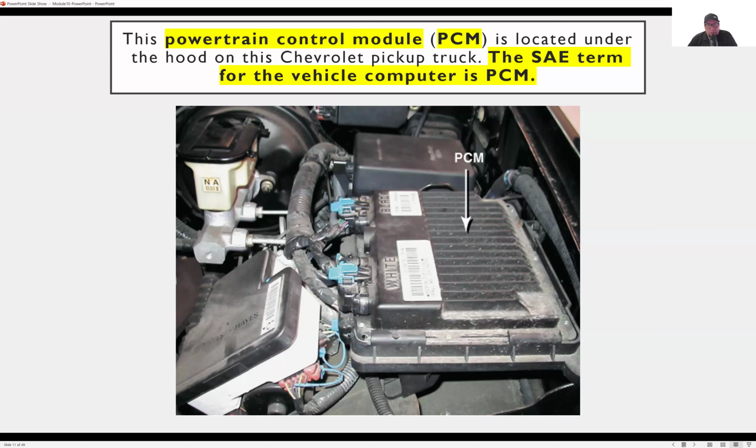Not all manufacturers use this. A lot of the early American manufacturers used this term a lot. A lot of them have gone away from it though. Now they have a separate engine control module and a separate transmission control module. But if you see the acronym PCM, it's referring to the engine and the transmission together in one module. Okay, just so you're aware.